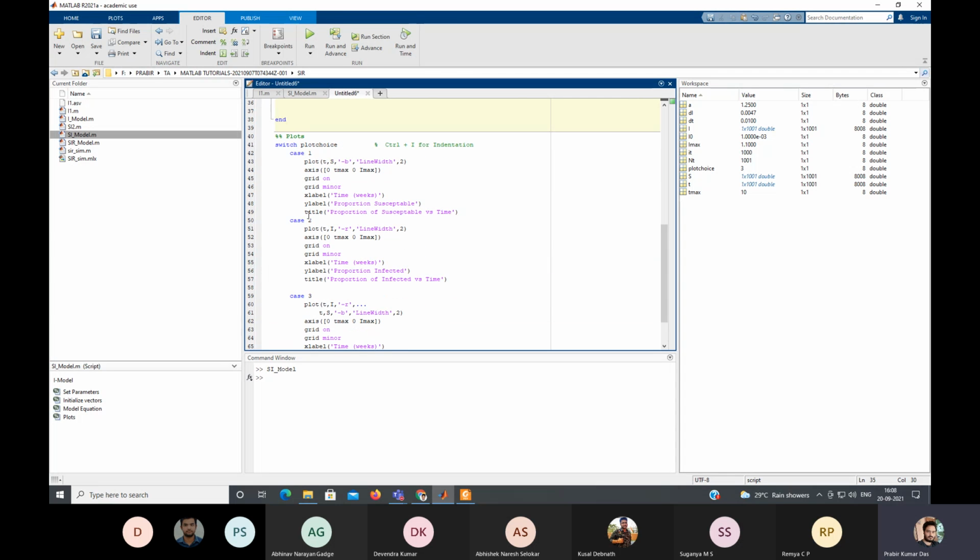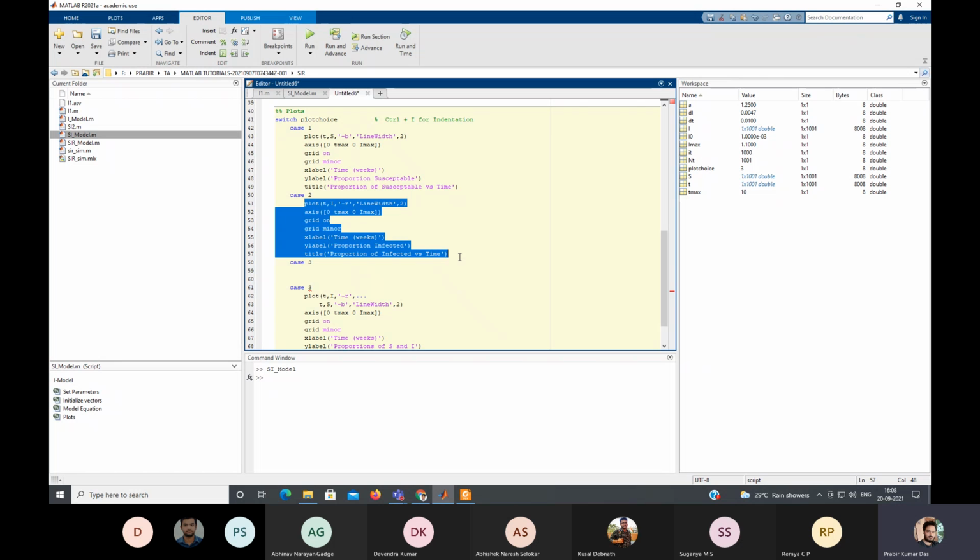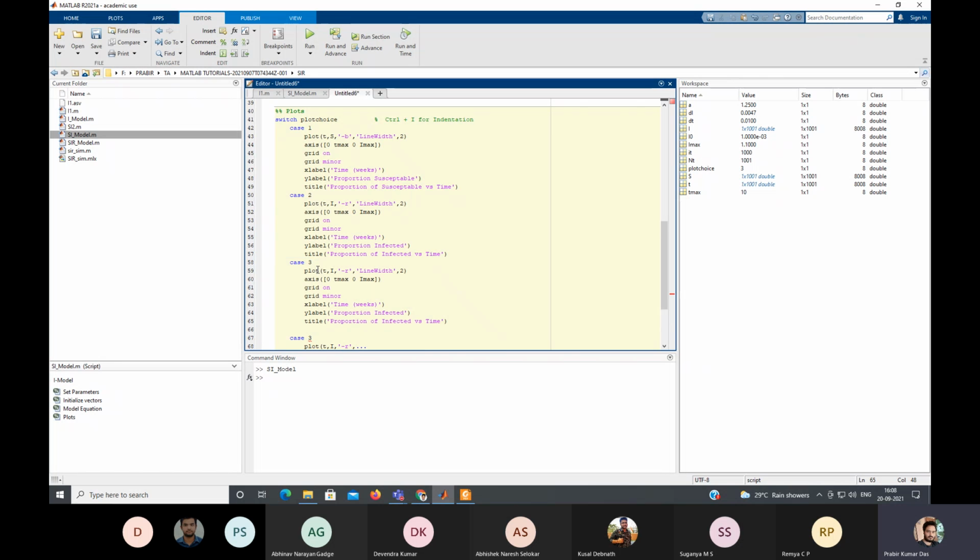So now what do I have to do? Case 1 is for S, case 2 is for I. So we'll change this I to R. We will make our color magenta.